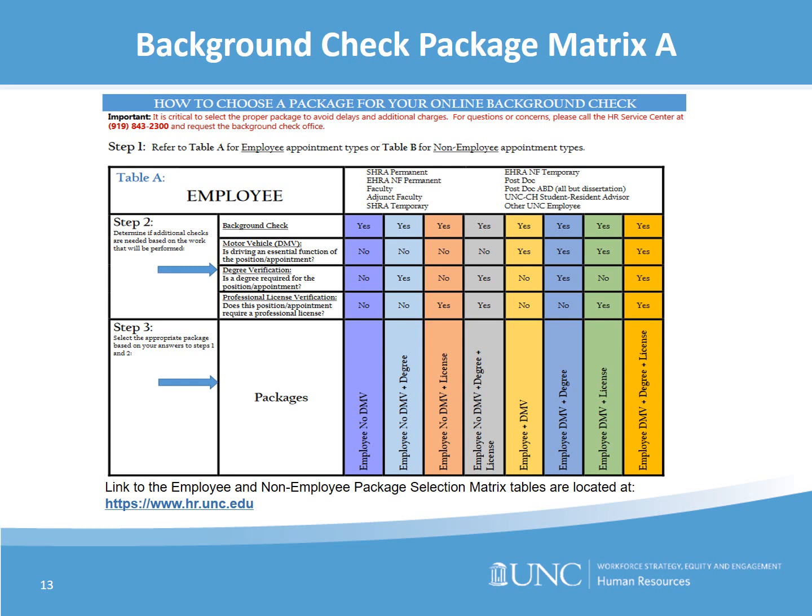Before you select a package, review the Background Check Package Matrix A for employee positions, falling under one of the following categories: SHRA Permanent, SHRA Temp, EHRA Non-Faculty Permanent, EHRA Non-Faculty Temp, Faculty, Adjunct Faculty, Postdocs, UNC Student Resident Advisors, and others, to determine the correct background check package needed based on requirements of the position and appointment types. This matrix can be found on the hr.unc.edu website by searching for Background Check Package Matrix.